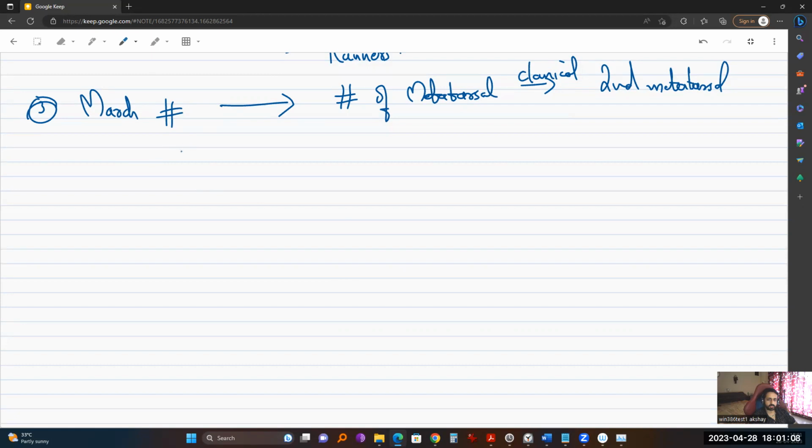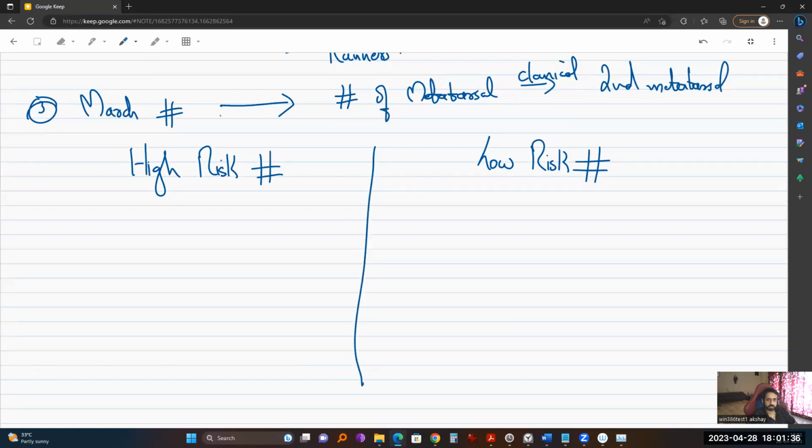The fractures that heal very well are known as the low risk fractures, and the fractures which do not heal without complication with conservative management are the high risk fractures. So let's see which are the low risk and the high risk fractures.